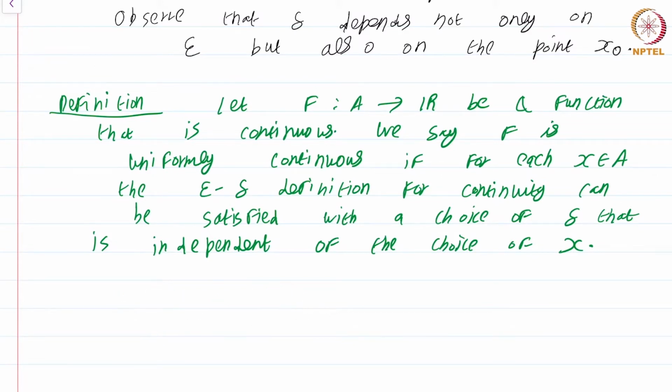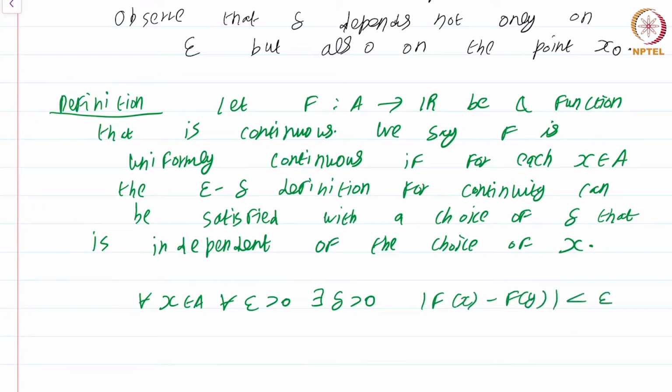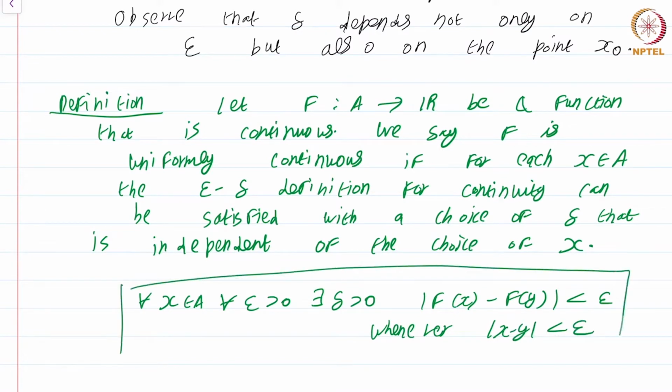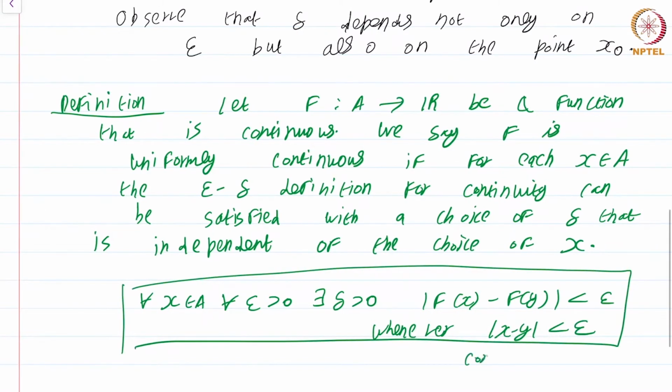For all x in A, for all epsilon greater than 0, there exists delta greater than 0 such that |f(x) minus f(y)| is less than epsilon whenever |x minus y| is less than delta. This is the usual definition of continuity.